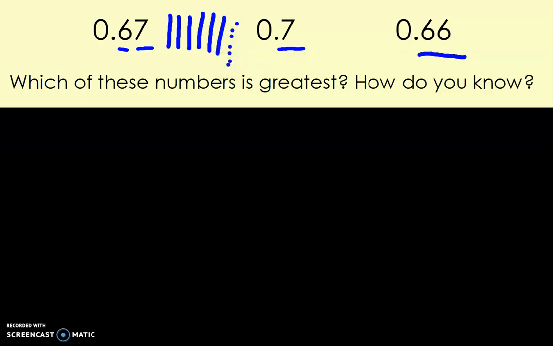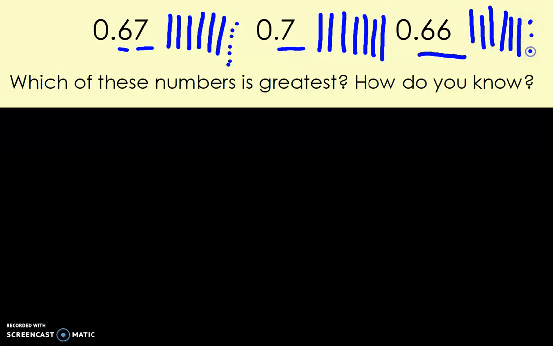And this would be, it's in the tenths place, so it's 7 rods. And this would be 6 rods and then 6 units. So I can see that 7 rods is going to be more than 6 rods and some units. So 0.7 is the greatest, and that is 7/10.